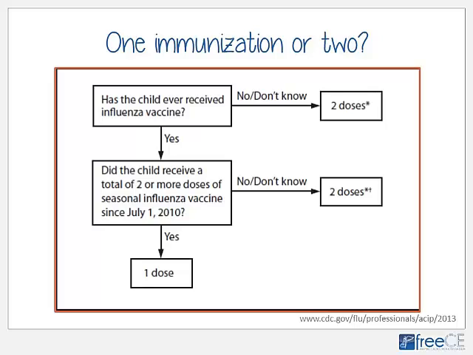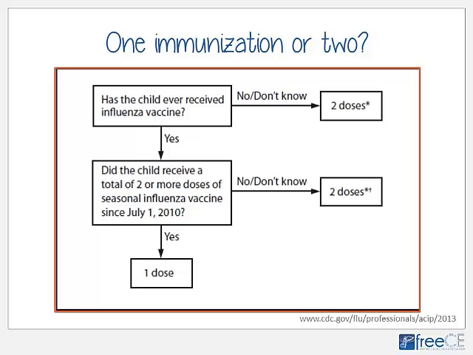So the reason for the additional symbol is that for simplicity, they just talk about having received a vaccine since July 1st, 2010. They need to have received at least 1 prior dose of that 2009 H1N1 containing vaccine, which would have been in the 2010-2011 vaccine product, the 2011-2012 vaccine product, and the 2012-2013 season product.